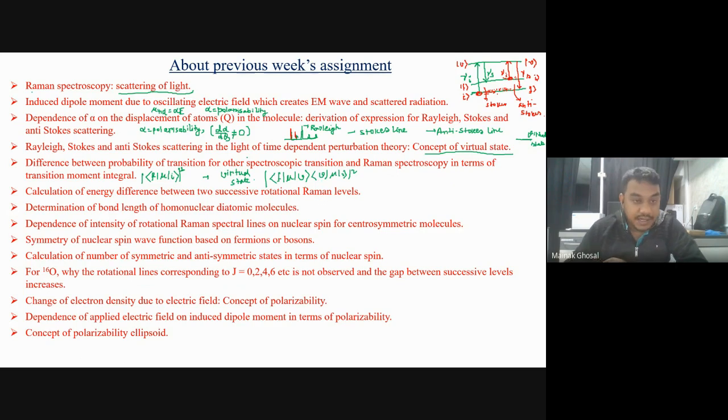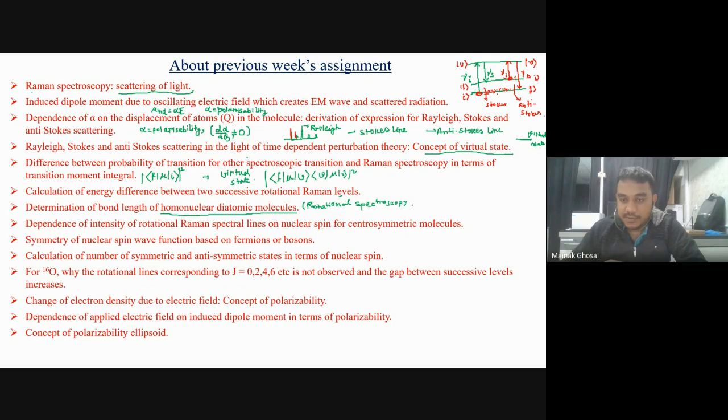Then we calculated the energy difference between two successive rotational Raman levels. The energy difference was given, and also the determination of bond length was done for a homonuclear diatomic molecule, which was otherwise impossible with microwave rotational spectroscopy. Why? Because in rotational spectroscopy, your molecule needs to have a permanent dipole moment.